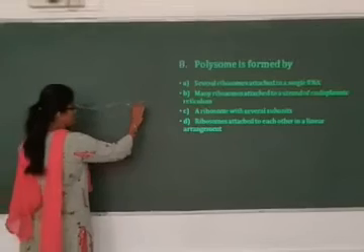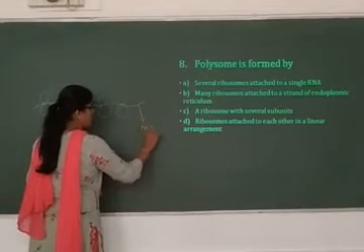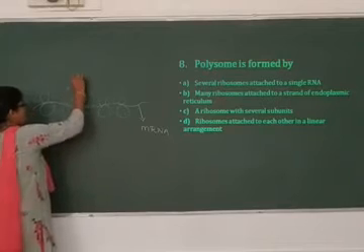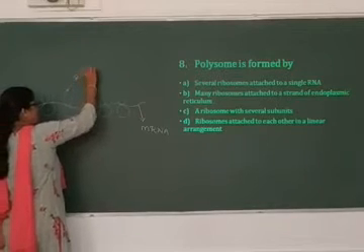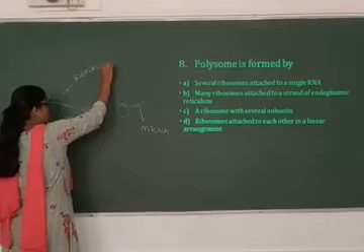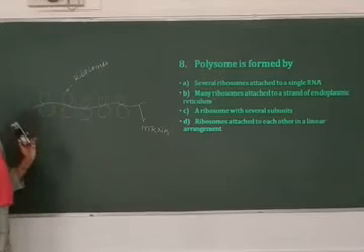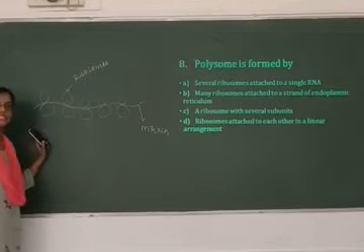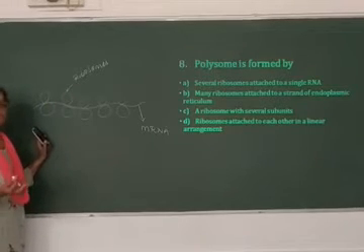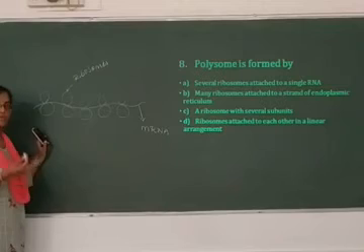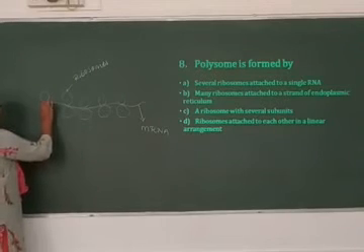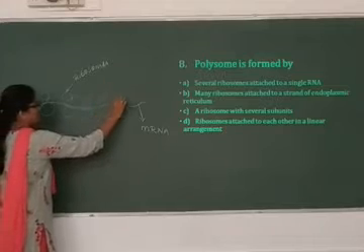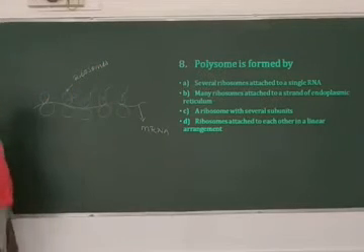A single mRNA strand is associated with many ribosomes, and each ribosomal complex is involved in the synthesis of protein. That is the translation process. Here also the translation is taking place, here also, here also. So the protein synthesis is taking place.